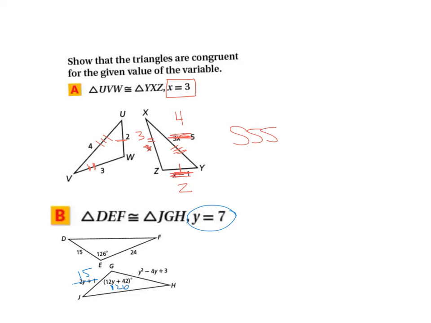And on the left, 7 squared is 49. 49 minus 28 plus 3 is 24. And so now I have 15 for side length, 24 for side length, and an angle of 126, which matches exactly to what we have here. Those all match, and so that's side, angle, side. It's an included angle and 2 congruent sides. So those two triangles are congruent by side, angle, side.